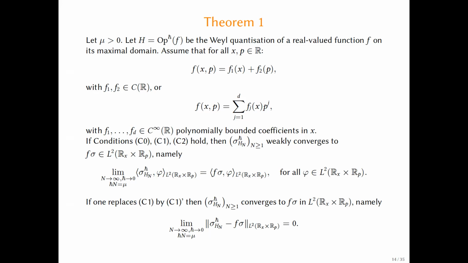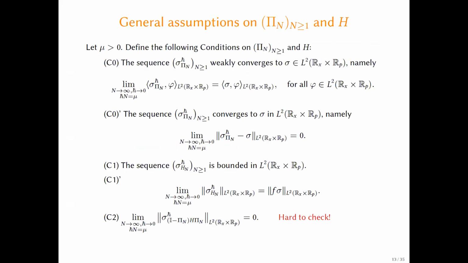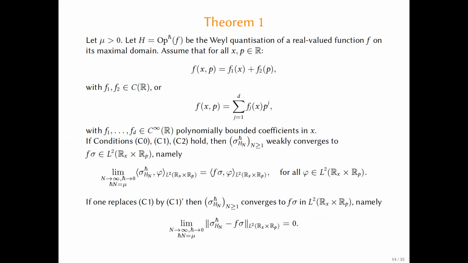If one replaces condition C1 with the level up, so if we have that the L2 norm of the Weyl symbol of the Hamiltonians converges to the norm of the limit, then of course one obtains the L2 convergence of this. Okay. Yes.